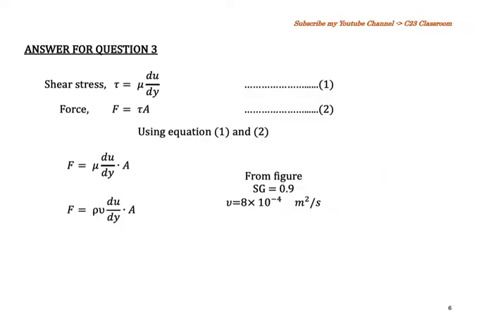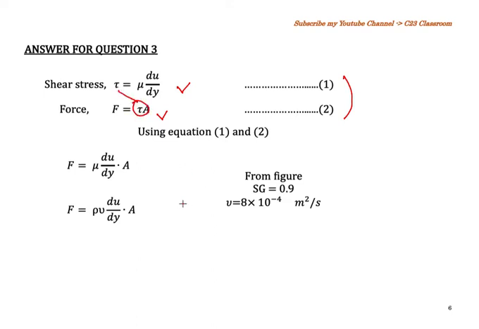So this is the question. This is the answer for question number 3. You need to remember the equation for shear stress: tau is mu du dy. We have force which is equal to tau times A. From these two equations, force is mu du dy times A. We just substitute tau into this value.